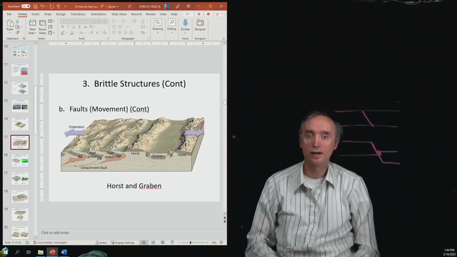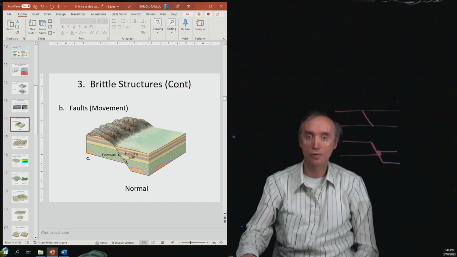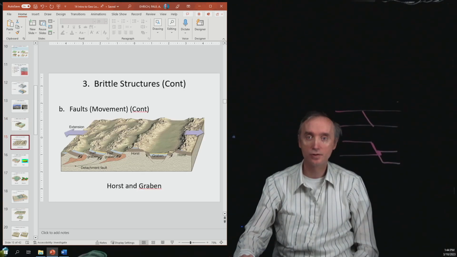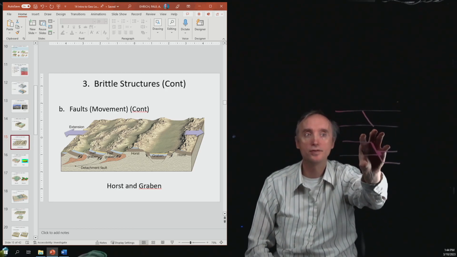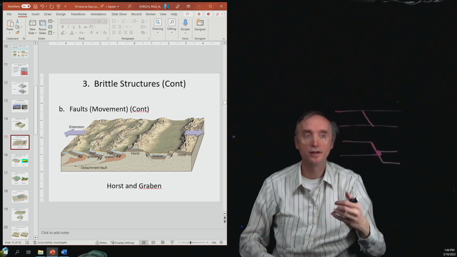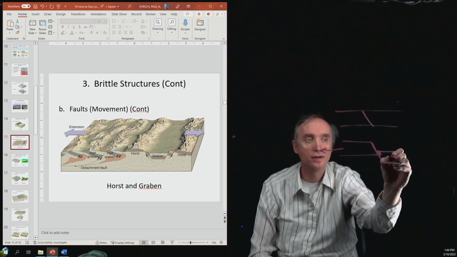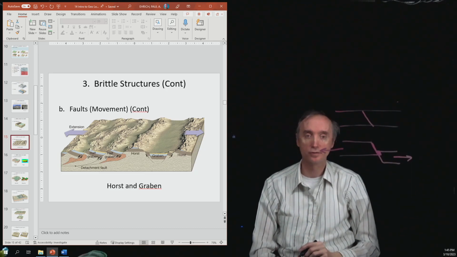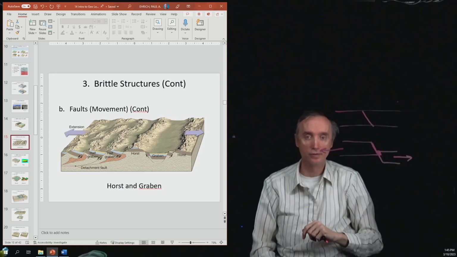Okay, the next kind is that a number of these normal faults is going to cause a Horst and Graben system. Notice that this type of structure is going to be caused whenever you have a force that is stretching the ground. When you stretch it, this one is going to fall down.